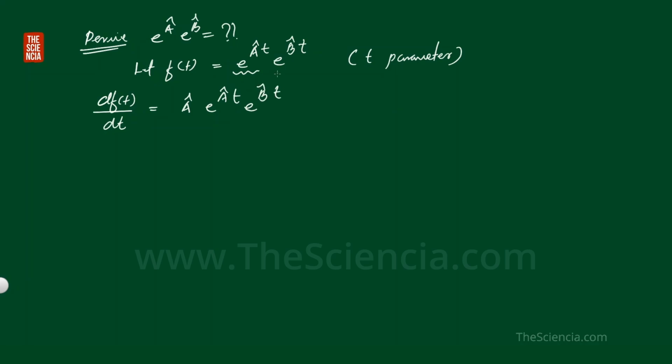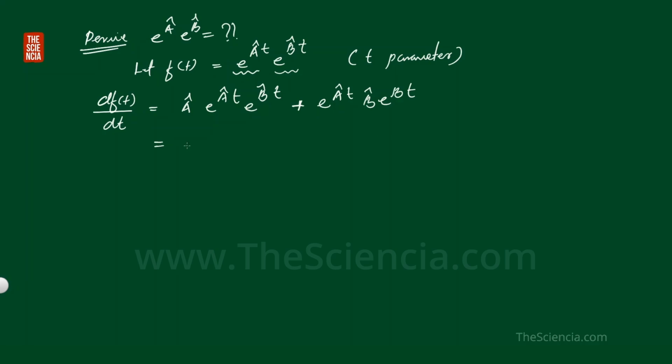Now we have to take the derivative of the second term, that is plus e^(At) times the derivative of e^(bt), which gives B e^(Bt).